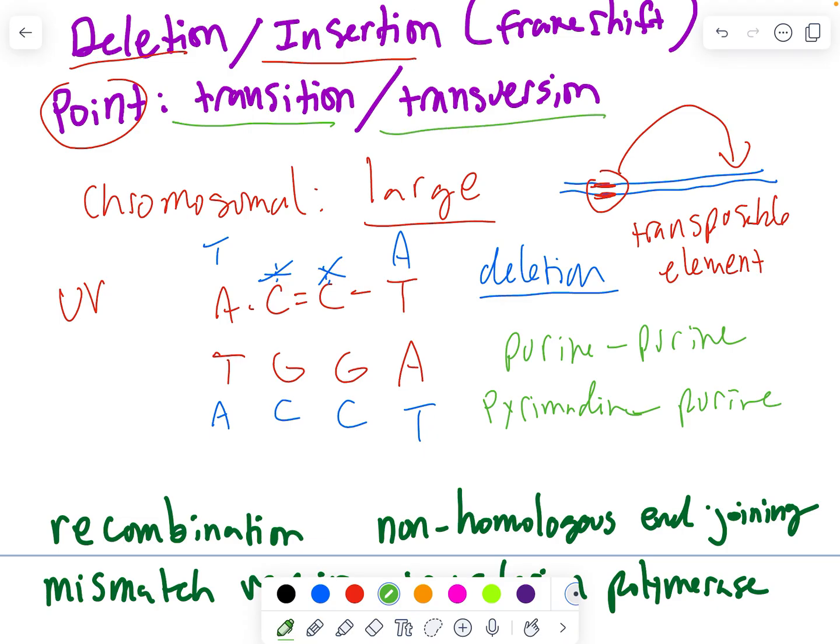So our purines are adenine and guanine, and our pyrimidines are cytosine and thymine, as we reviewed in week 1. So if I take an adenine and I mutate it such that it behaves like a guanine, that's a point mutation, but I've substituted a purine for a purine, and so I have a transition. But if I take this guanine and I mutate it such that it behaves like a cytosine, now I have a purine that is functionally a pyrimidine. So I have a transversion.